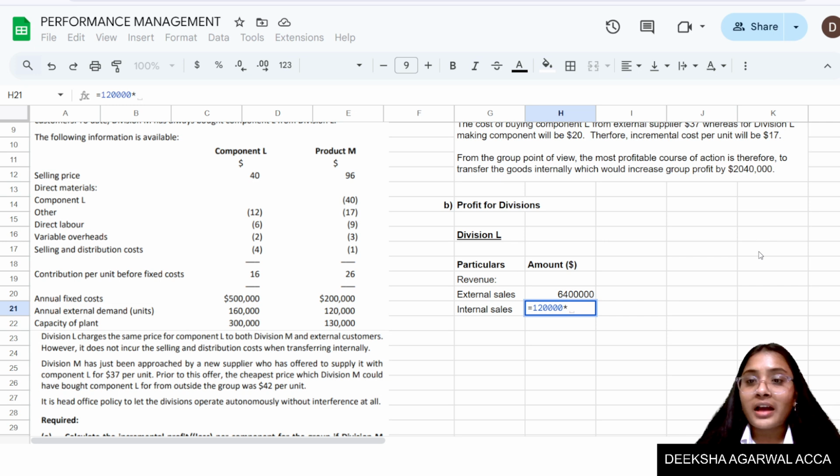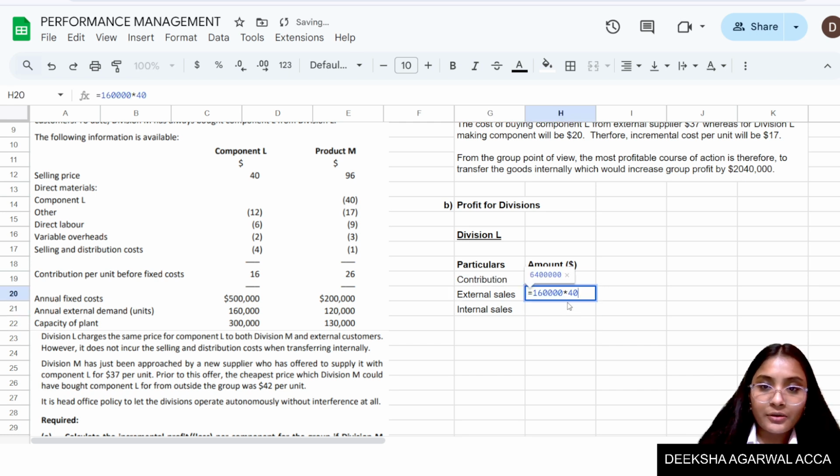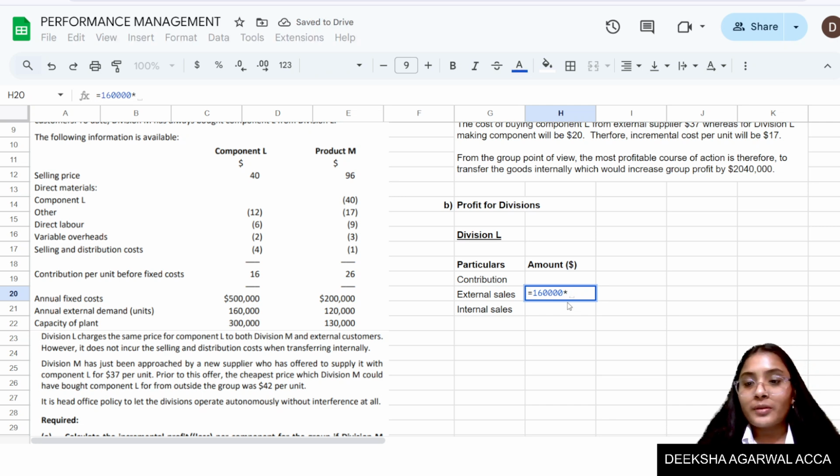See, when you're transferring internally, you are earning a profit of 20. But when you're selling externally, how much are you earning? See, you need to understand. Or what you can do now, you can calculate the contribution directly. How much contribution will you be earning when you're selling to an external customer?